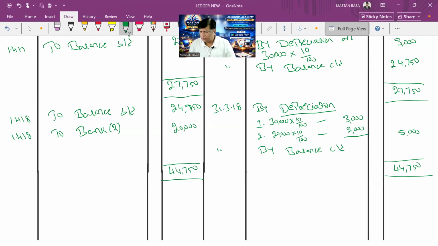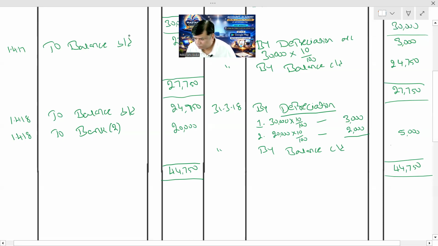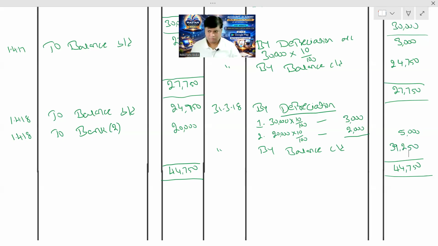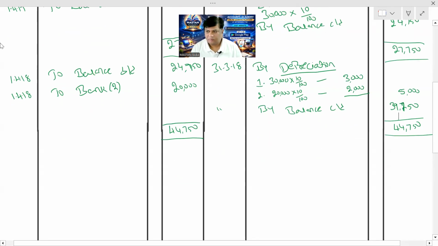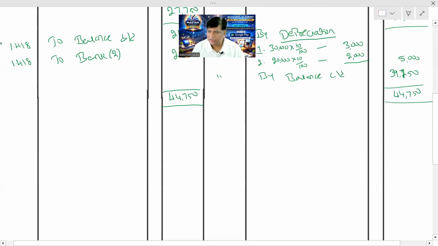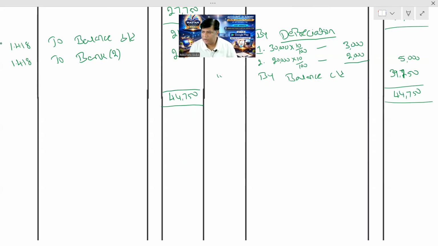Plus 750 will get 40,000. 44,750 minus 5,000, so obviously you'll get 39,250. It's not 250, but 39,750. Sorry, it's 39,750. So just a calculation mistake. It's 5,000 plus 39,750 comes to 44,750.